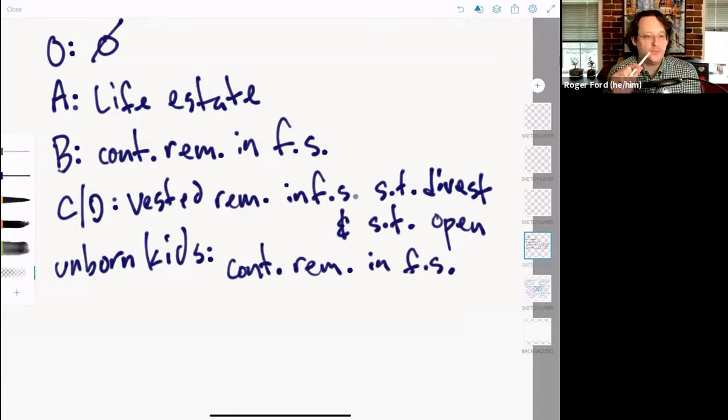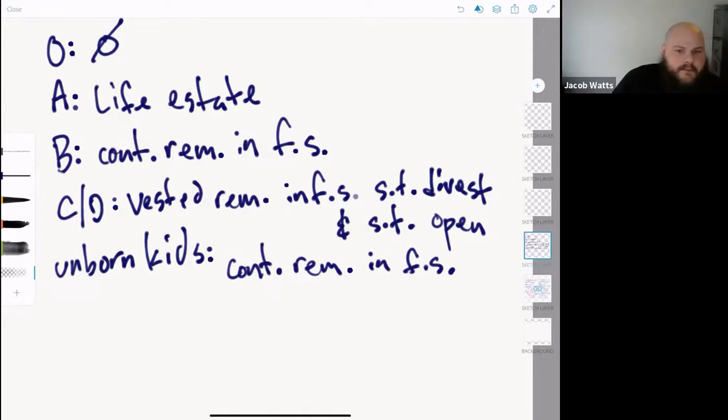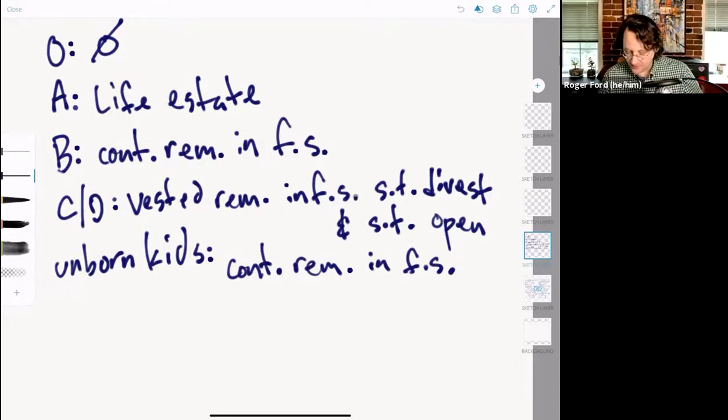So does anybody have a correction or an alternative proposal or a clarification or anything? Mr. Watts? So I'm not sure about, and I may just be not understanding it, but for the C and D, the subject to divestment, would that be just in the event that they die? I wasn't thinking that. So what were you thinking instead?